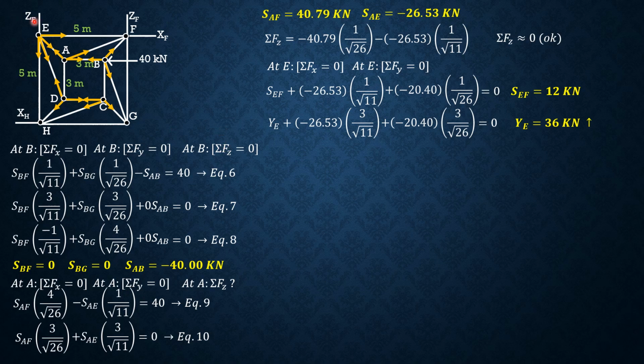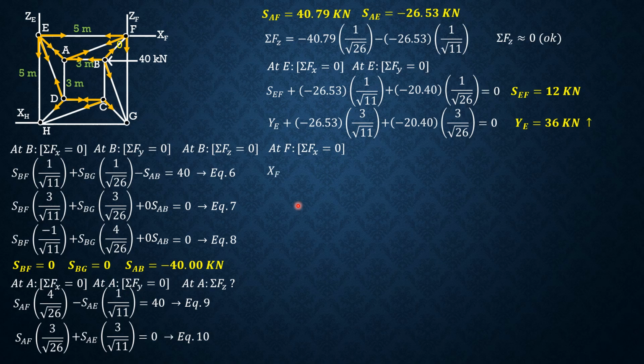Then we cannot solve ZE and EH because there are two unknowns if we sum up forces along Z. So instead, we proceed to joint F. Summation forces X equals 0. To solve for this reaction here, XF, let's assume it is rightward.